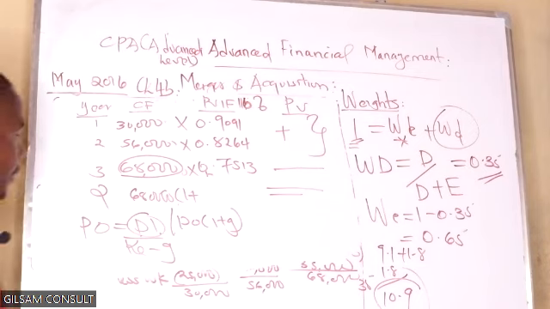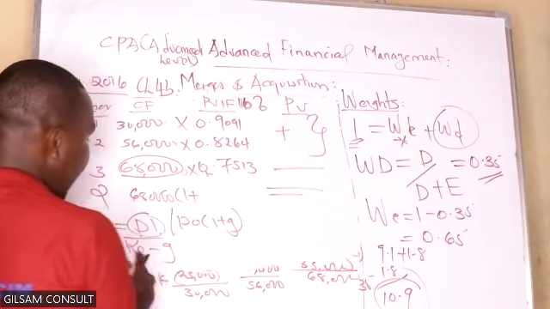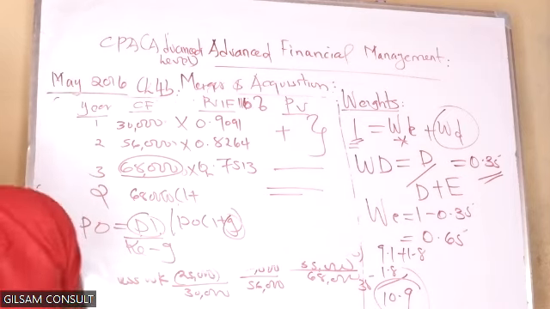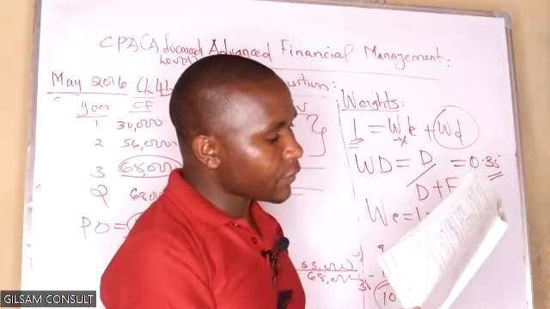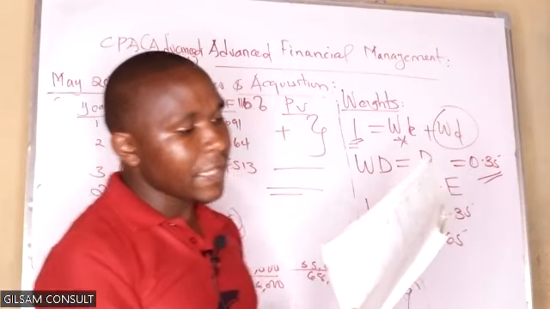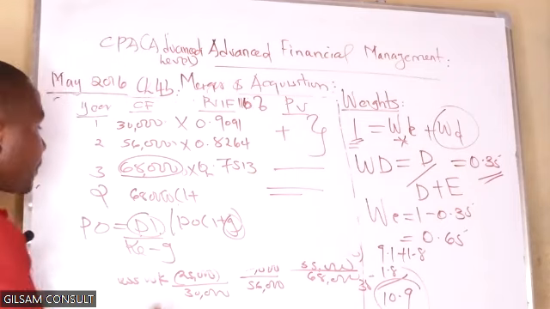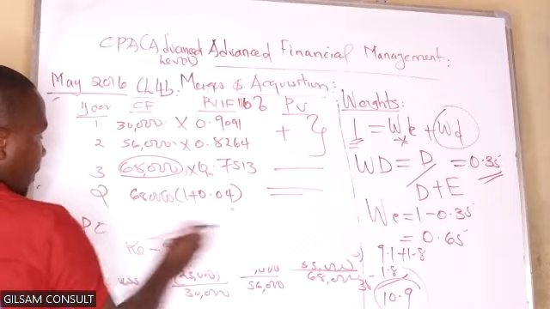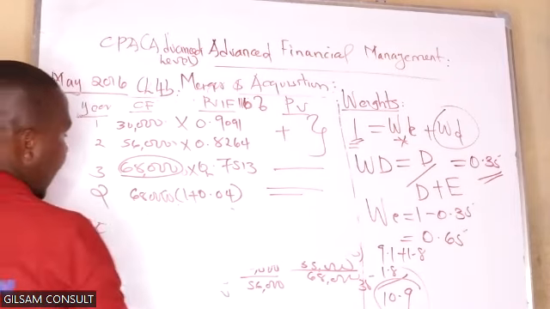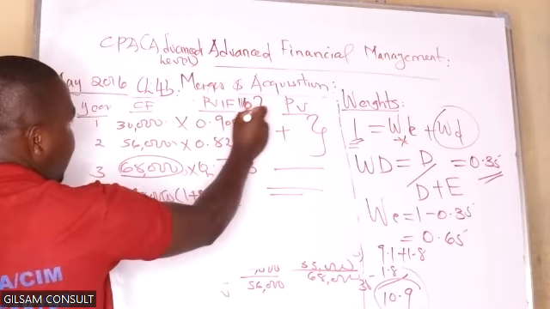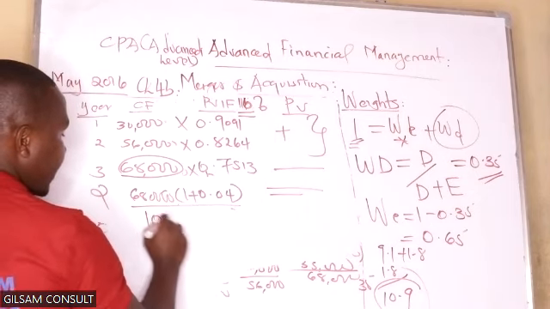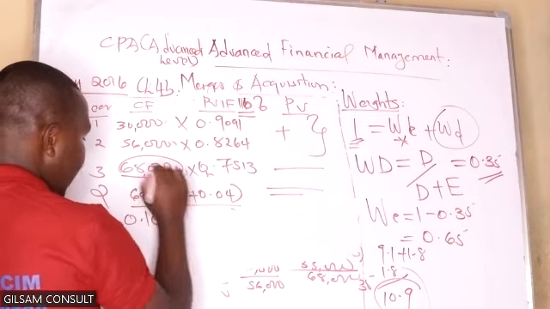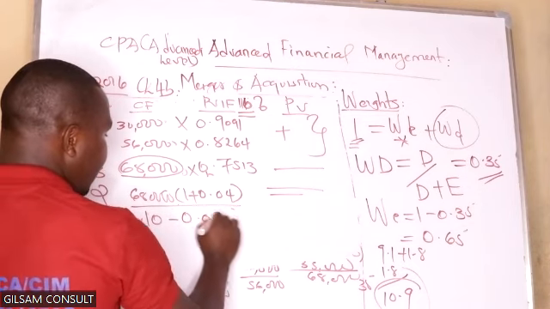Plus that G is the 4% they have told us. It will increase by 4% each year into perpetuity. So plus 0.04, divided by the cost of capital 10% minus 4%, that is 0.1 minus 0.04.